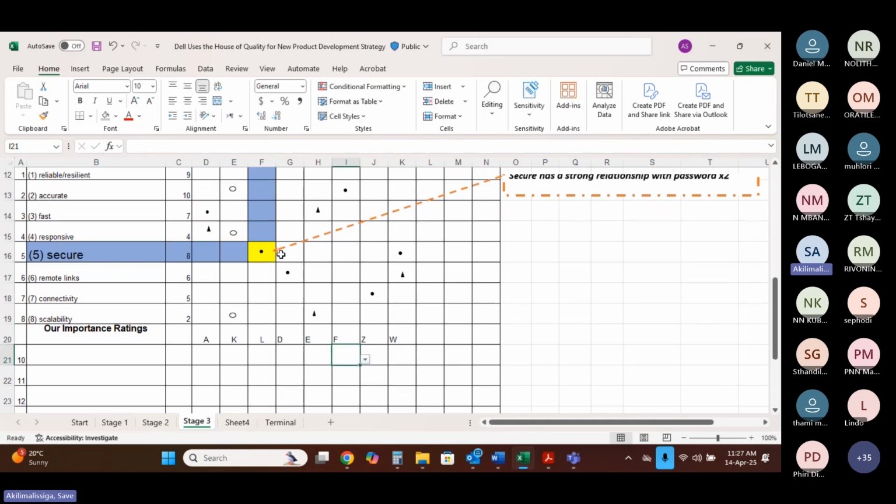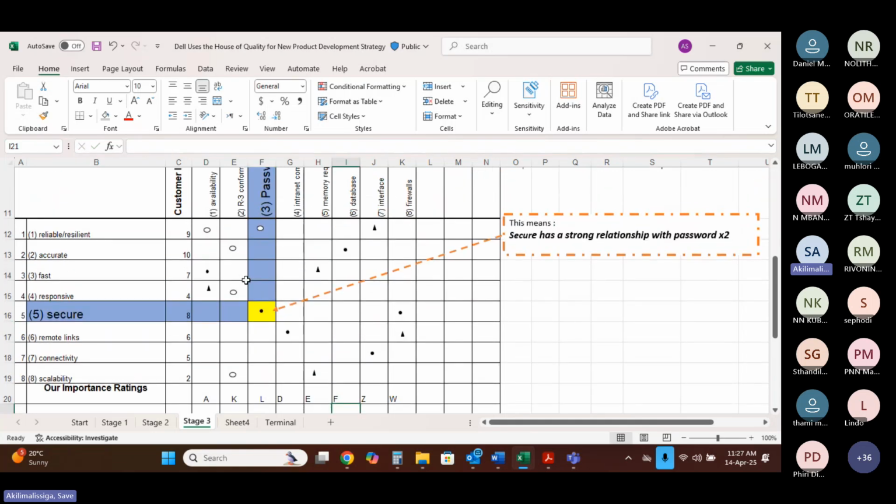After establishing the different relationships within the relationship matrix, the last step will be to calculate our importance ratings. Obviously, if your relationship matrix is incorrect, our importance ratings will also be incorrect, because you have probably used different symbols, and that is going to impact the importance ratings at the end.